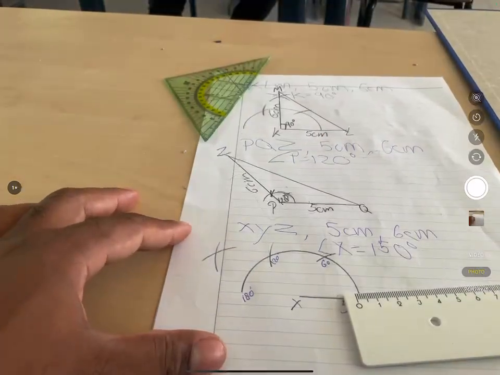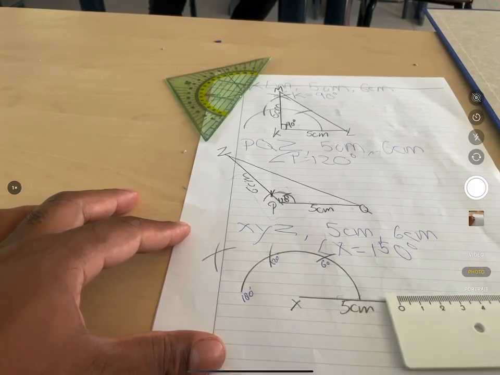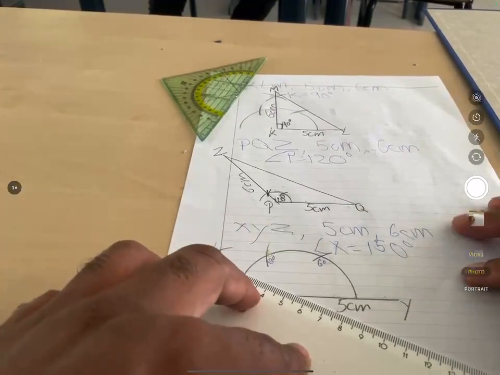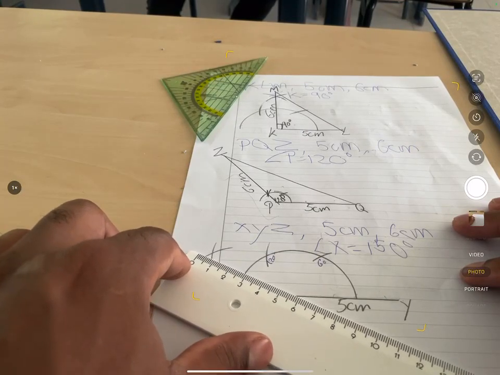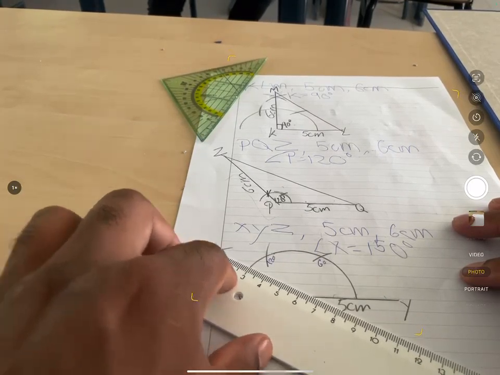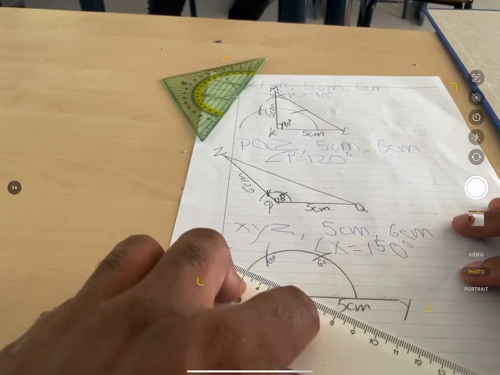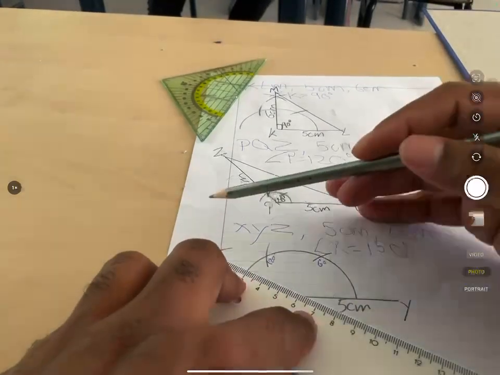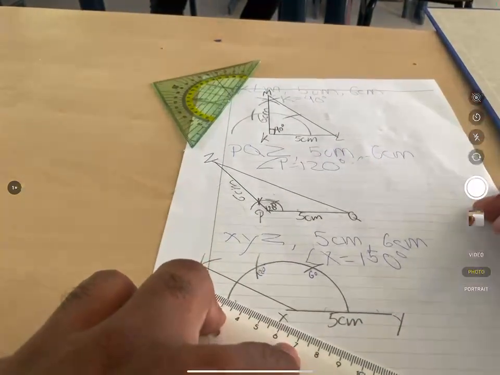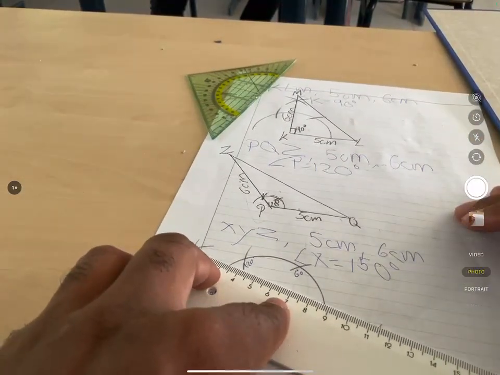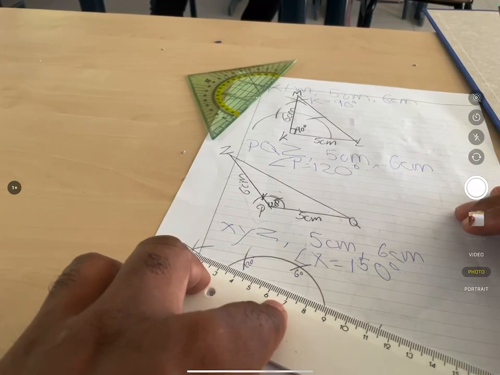And that is the 150. 6 centimeters going through it. And then you draw the line to it.